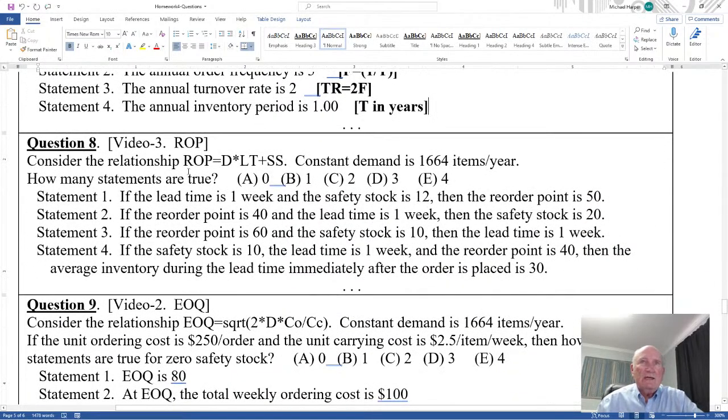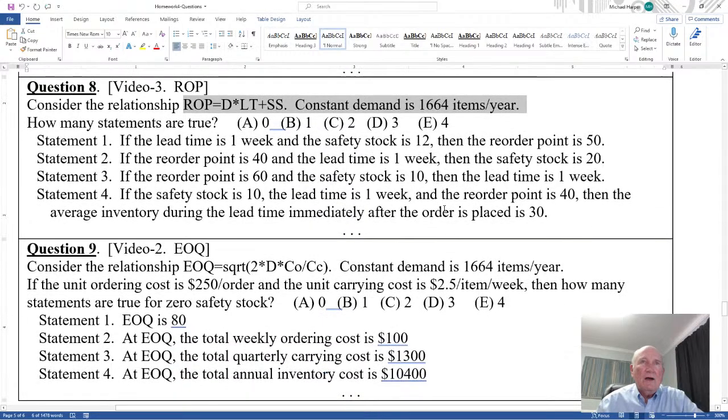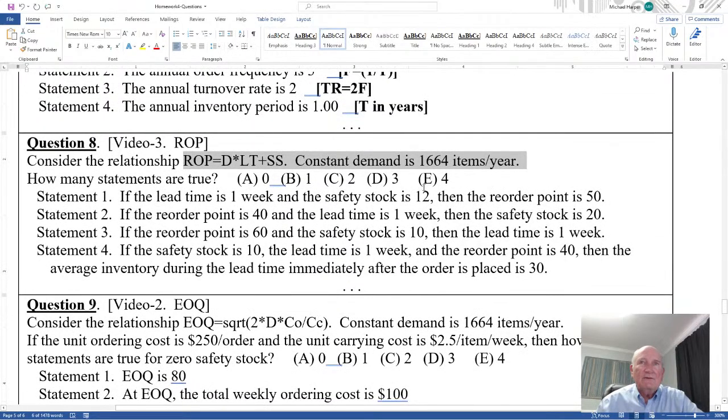On this one, I give a constant demand rate. On each one of these, notice I have, let's bring this down here. The lead time is 1 week. Safety stock is 12. Reorder point is 50.